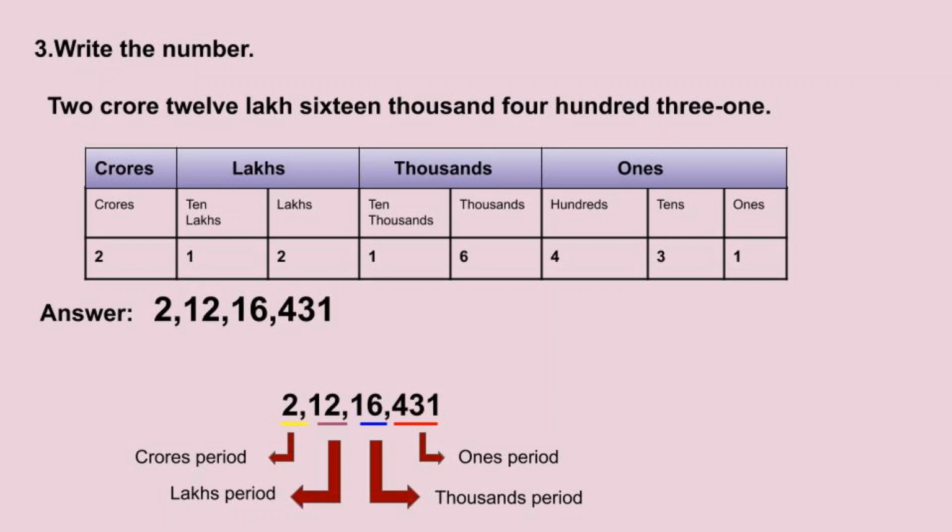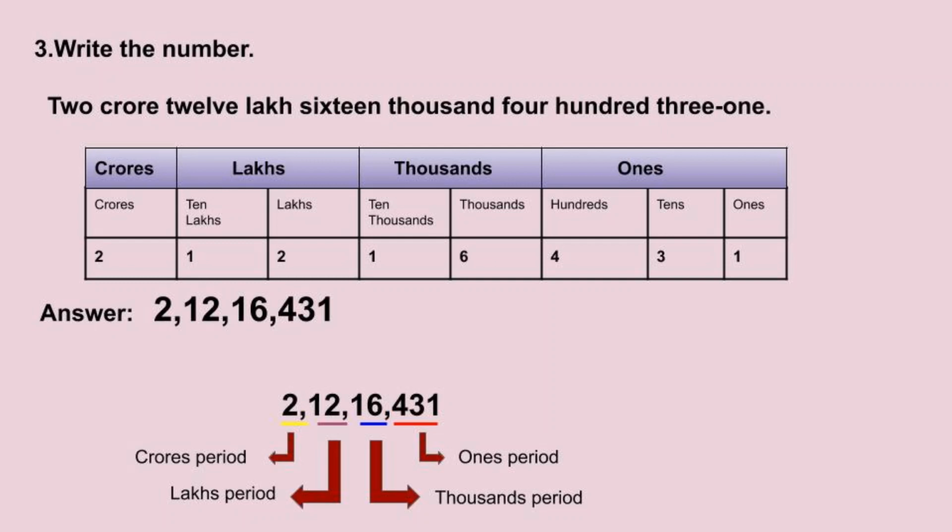Next, 16,000: 1 in 10,000 place, 6 in thousands place. 431: 4 in hundreds place, 3 in tens and 1 in ones place. Finally, 2 crore 12 lakh 16,431 is represented in numbers. Here 2 is in crores period, 12 in lakhs period, 16 in thousands period, 431 in ones period.